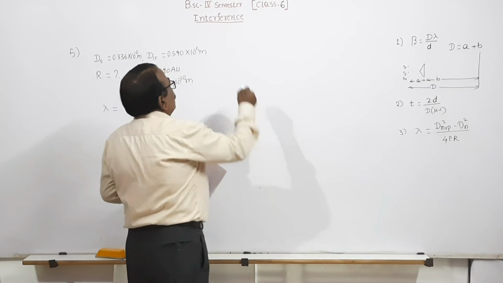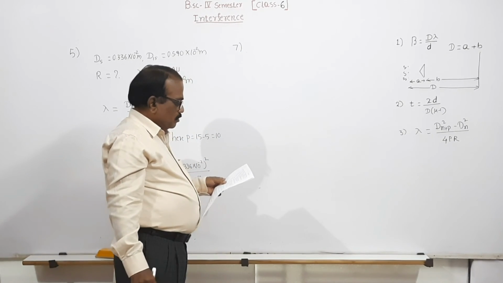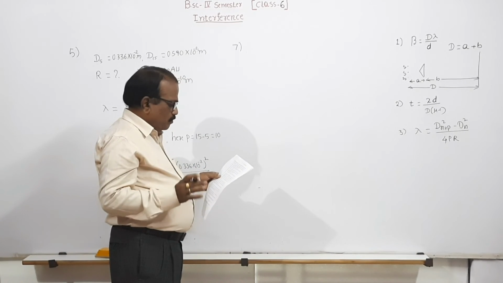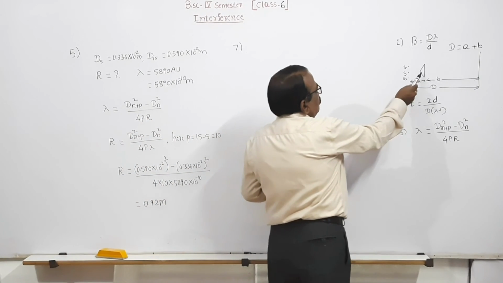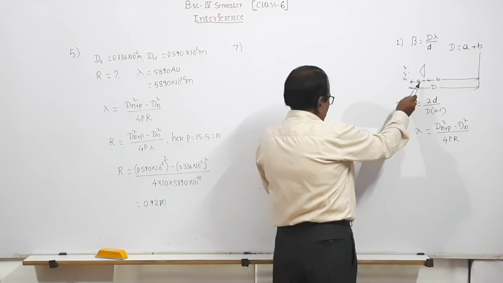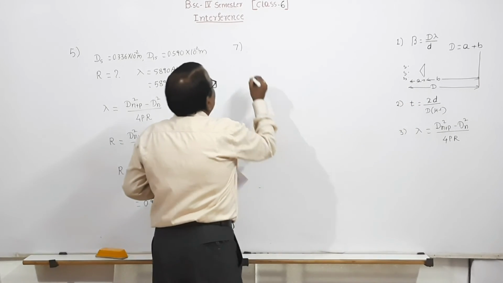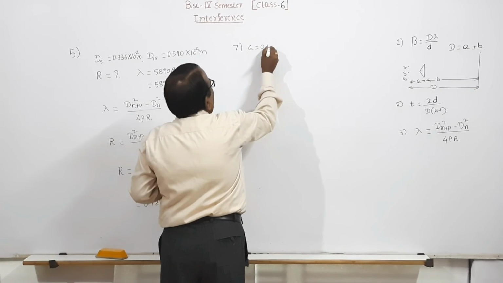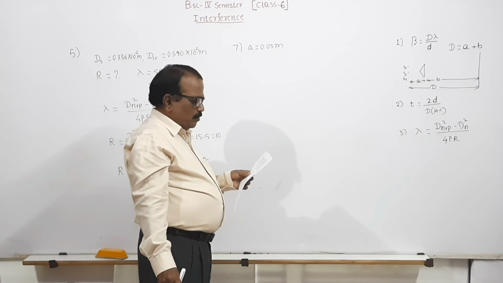Then see the seventh one. A biprism is placed at a distance of 0.05 meter from a slit, means A is given. It is illuminated by sodium light.